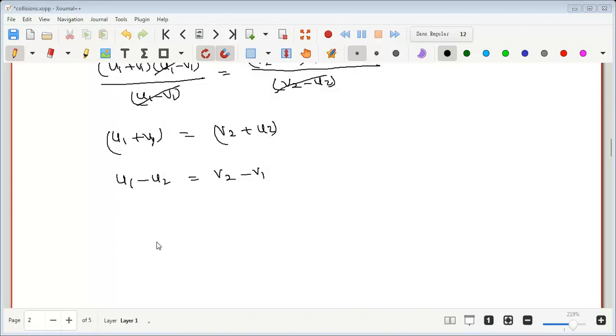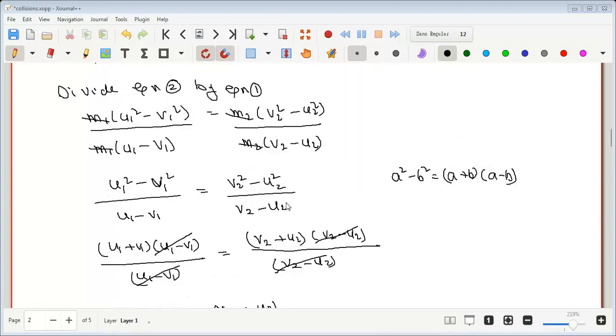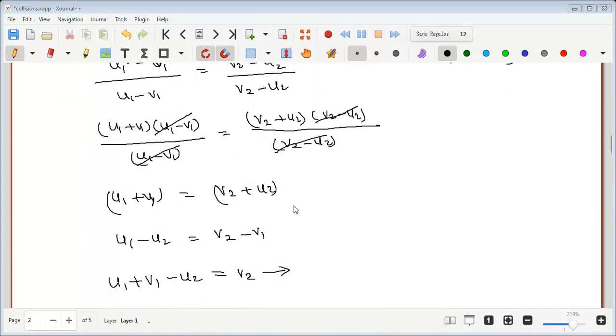Now we have to find v1 and v2. So first for finding v1, we have to write v2 is equal to u1 plus v1 minus u2. This is equation number 3a.